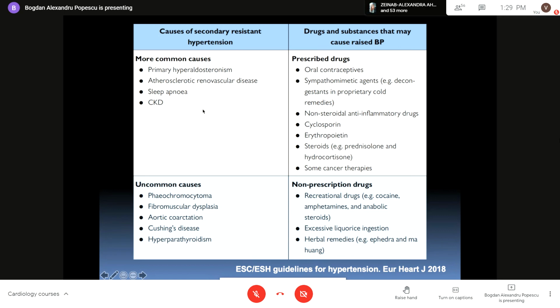These are more common. And sometimes it's some drugs. There is an old lady who has some sort of arthritis, she has joint pains, so she takes a lot of anti-inflammatory drugs. These tend to retain salt and water and tend to keep blood pressure higher.